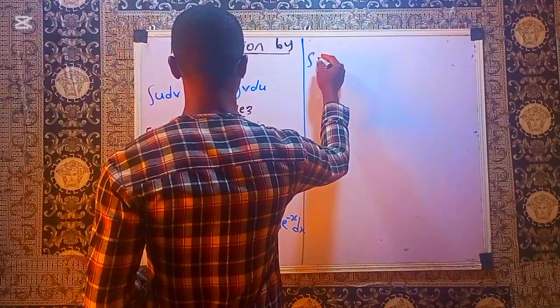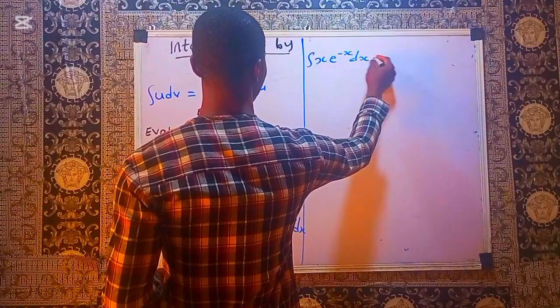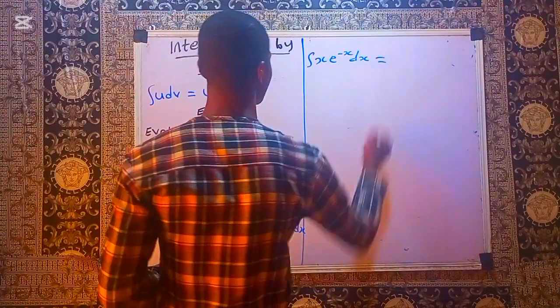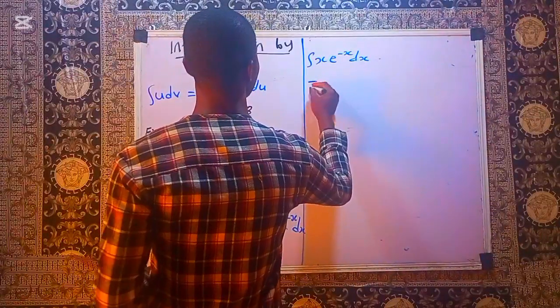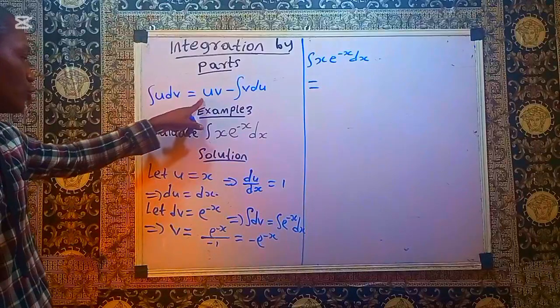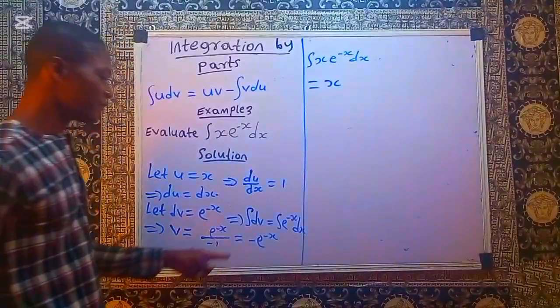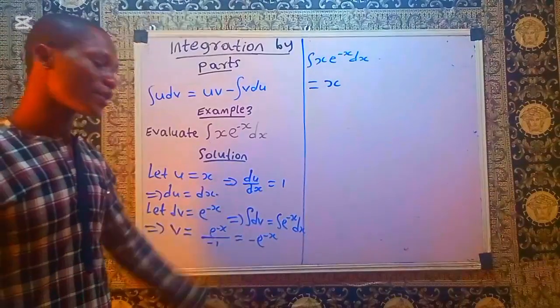So you can now go ahead and apply the formula, so that integral of x exponential minus x with respect to x will be equal to, remember we have uv. Our u is x. We calculated v to be what? Minus exponential minus x.